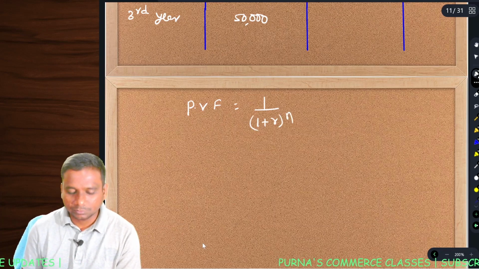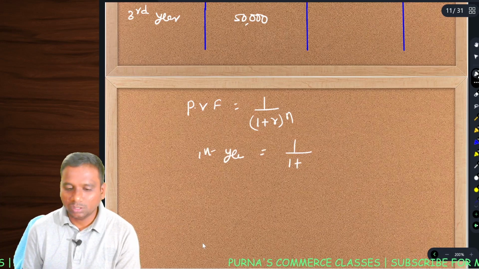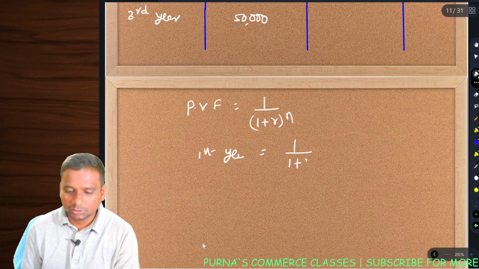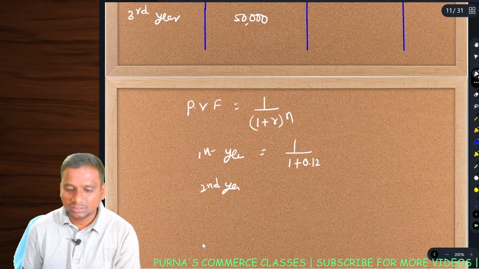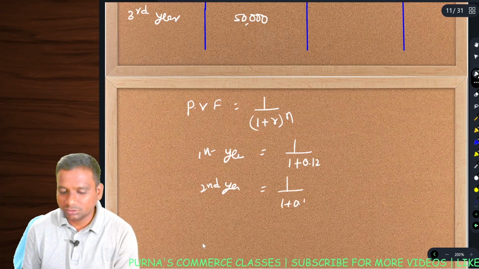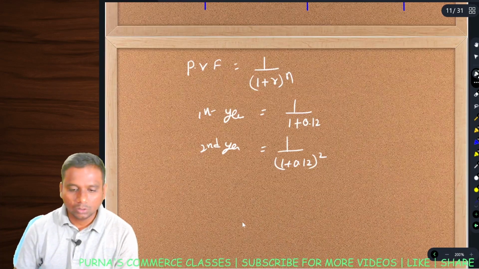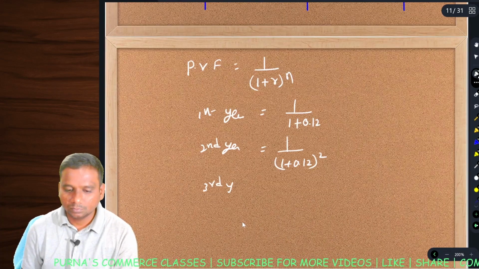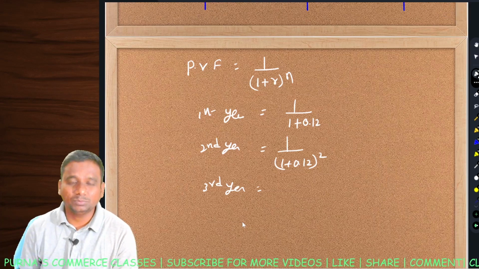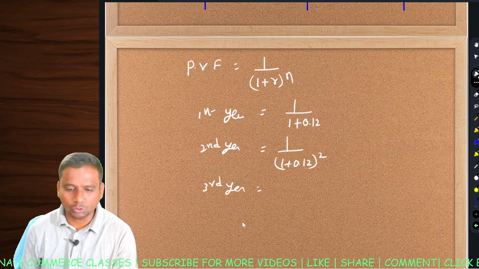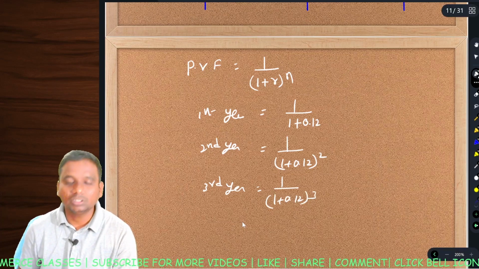Now first year: 1 by 1 plus r, r means rate of interest, so 0.12. Second year: 1 by (1 plus 0.12) whole square. Third year: I hope in the time value of money concept in your financial management subject, the same formulas we are using here. 1 by (1 plus 0.12) whole power 3.